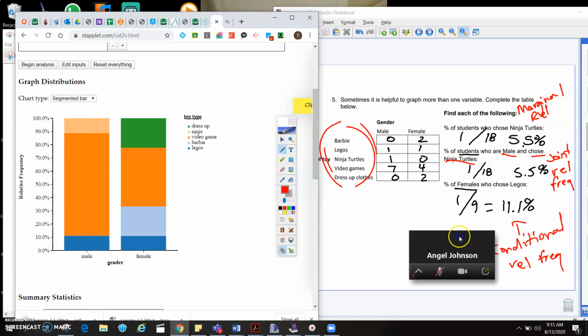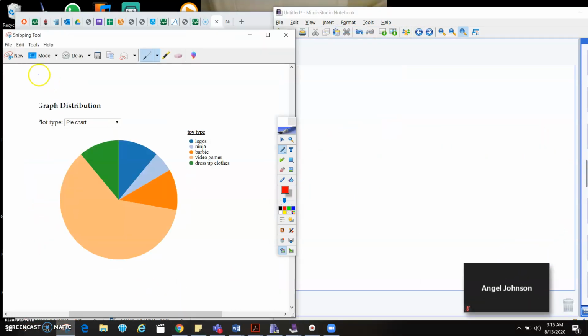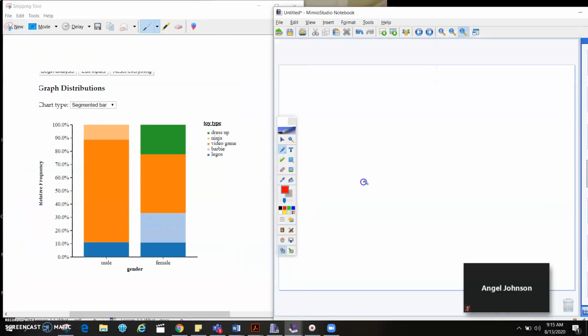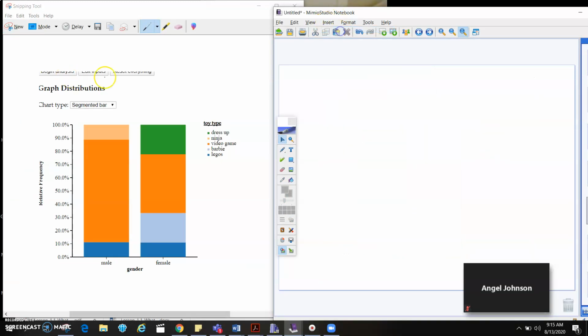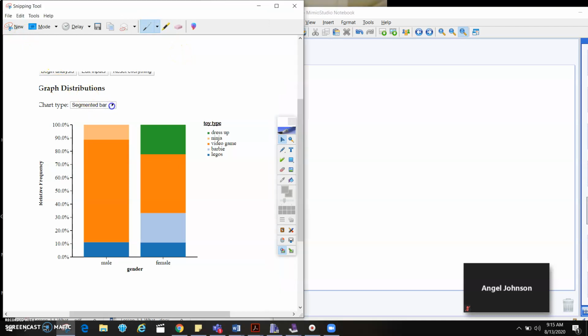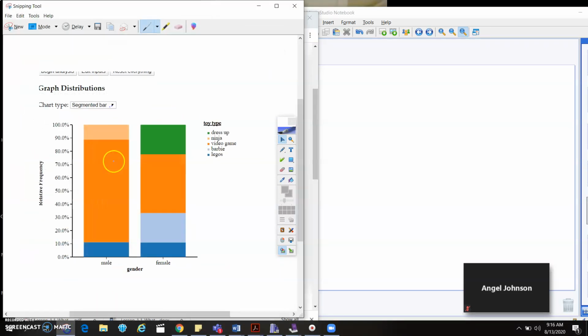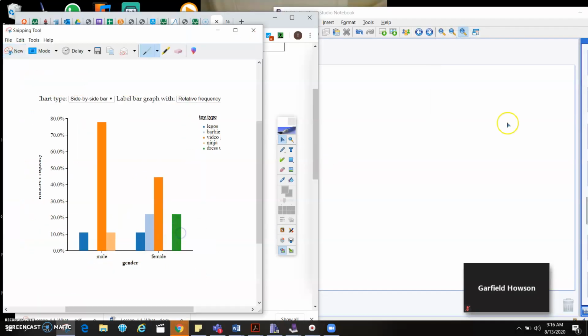So we're going to take this, and we're going to post it in here. Okay. And then they want us to do a side-by-side bar graph and a segmented bar graph. So side-by-side bar graph is going to look like this. Okay. And this really kind of gives us an overall picture of the different people, right?